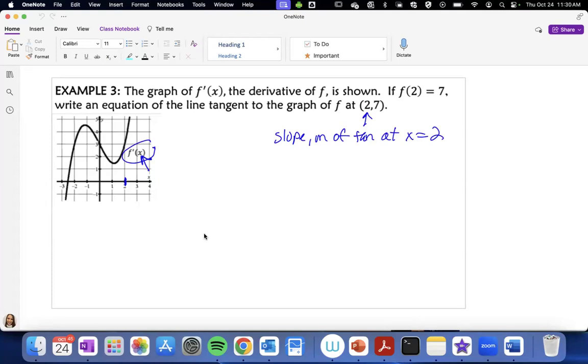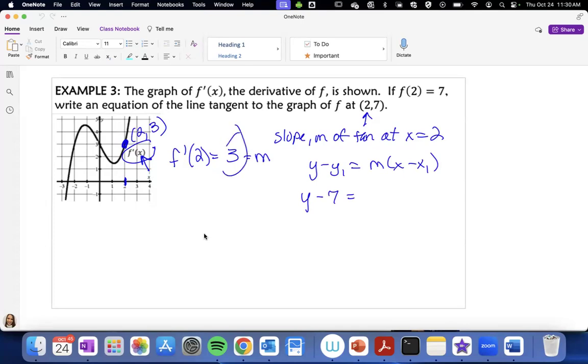Looks like 3, right? 2, 3. So at x equals 2, it hits the derivative at 3. So f prime of 2 is 3, right? So now I have, that's my slope. And now you just plug it in. Let's just keep it in point slope form. Y minus y1 equals, for time's sake, y minus 7 is equal to, the slope is 3 times x minus 2. And just leave it in that form, that's fine for now.